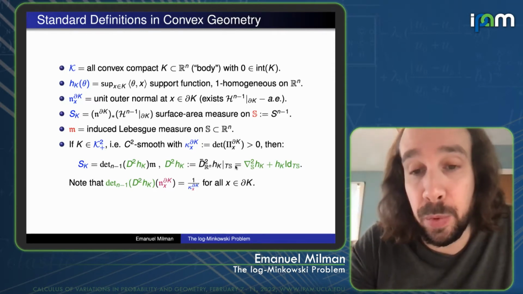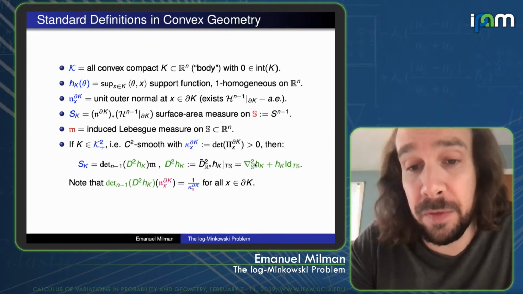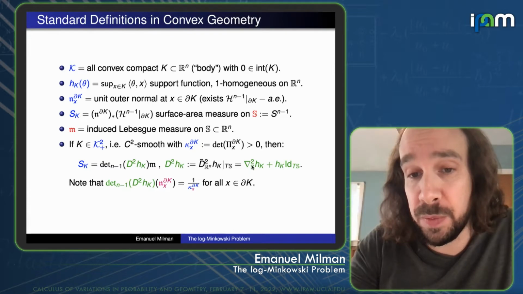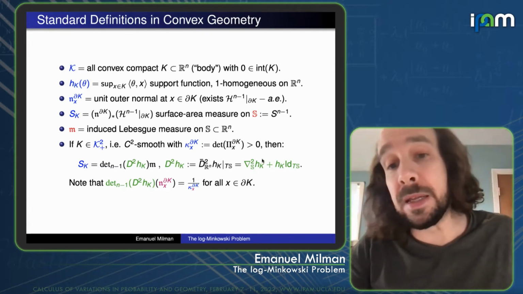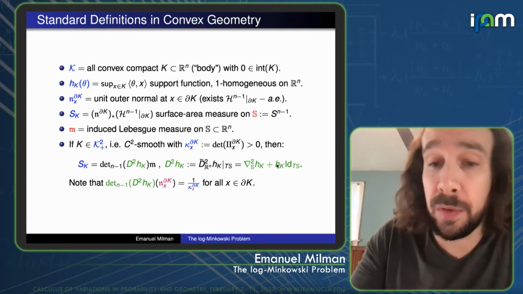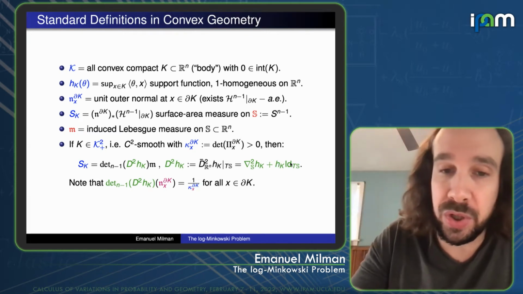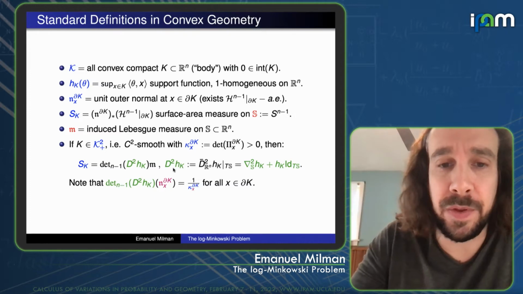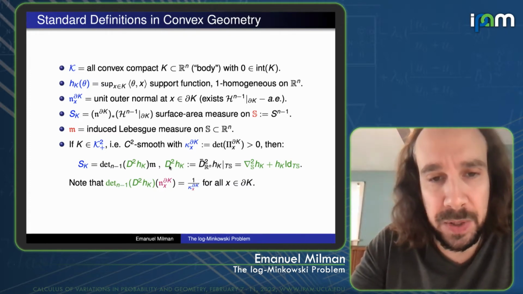Completely equivalently, if you prefer to take derivatives on the sphere itself, you have to take the second covariant derivative of the support function with respect to the spherical connection. But then since the sphere has curvature equal to 1, you have to add back in the support function times the identity. Okay, so these are equivalent definitions of this positive definite tensor.